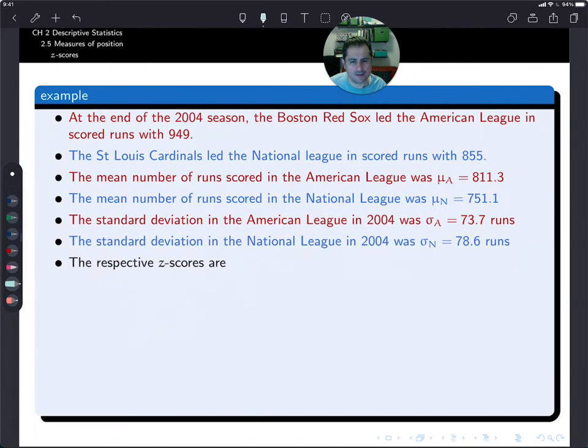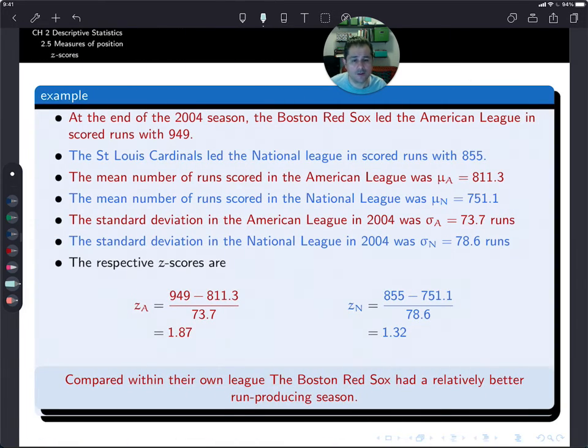If we calculate the z-scores with these numbers, we get that the Boston Red Sox were 1.87 standard deviations above the mean, while the St. Louis Cardinals were 1.32 standard deviations above the mean.